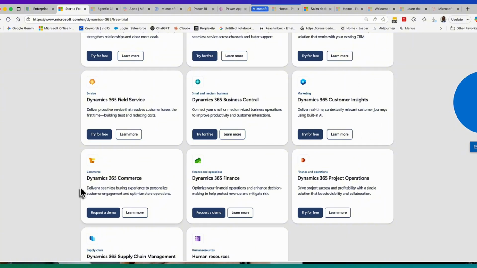And Dynamics 365 Commerce, Dynamics 365 Finance, Dynamics 365 Business Central. Now, these products are ERP finance products. This one competes against the Oracle Fusion Cloud ERP system and the SAP S/4HANA ERP system, right? Juggernauts. Enterprise companies doing like $1 billion in revenue, this bad boy goes in and it's strong. Even if you're doing 500 million in revenue, you're going to use an enterprise solution like this. Now, if you want something more stripped down, smaller and nimble, that's going to be Dynamics 365 Business Central.